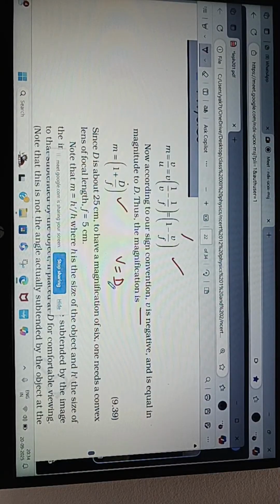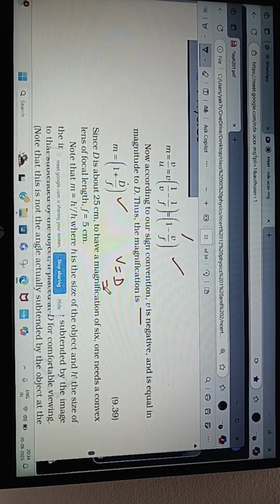So this D is the distance of distinct vision. That says that every human eye can see an object clearly at a certain distance, both nearby and far away. I think you might have got it now. What is the minimum distance you can see with your direct eye? 25 centimeters.